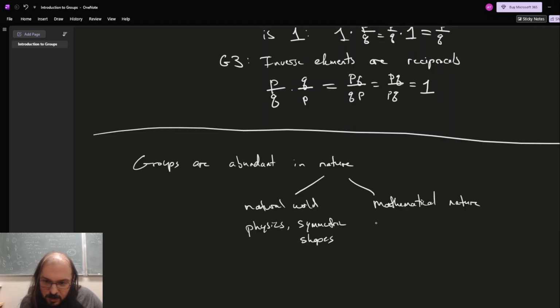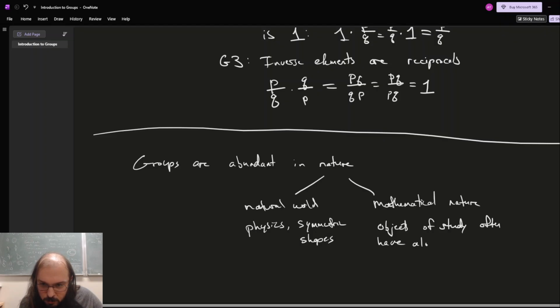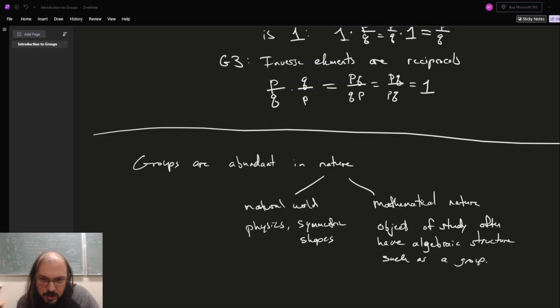And what I mean by this is that the objects of mathematical study often have algebraic structure such as groups. And we're going to be seeing quite a bit of both of these throughout this class. At least that's my hope.